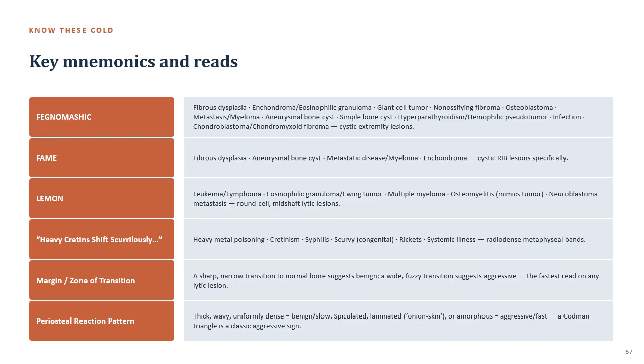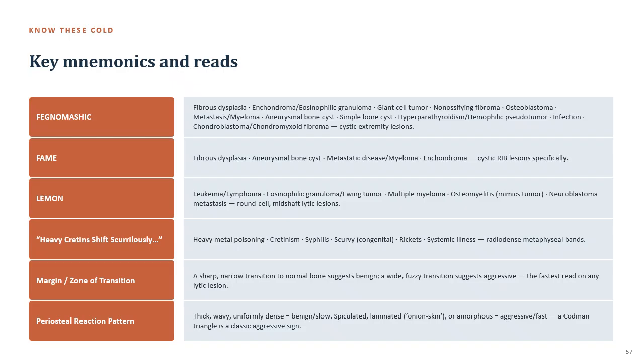So the big takeaway for this particular slide, even though we're not reading, in terms of memorizing things, is that we don't just ask what the lesion is. They also have to look at the borders and how that bone is reacting to what's happening to it, and those two clues, along with all of these other mnemonics, will help tell how aggressive the process is within the patient.